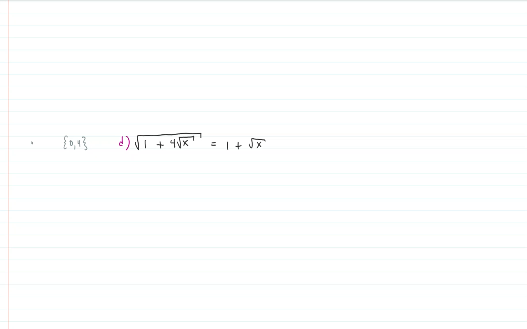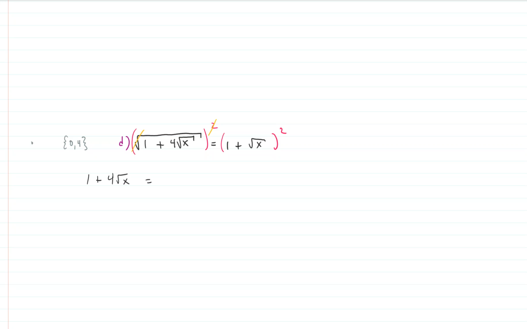So it looks like I'm just going to square it right away because the big radical on the left is already by itself. So we can see the radical and the radical cancel, the outside radical. So we're left with 1 plus 4 radical x.